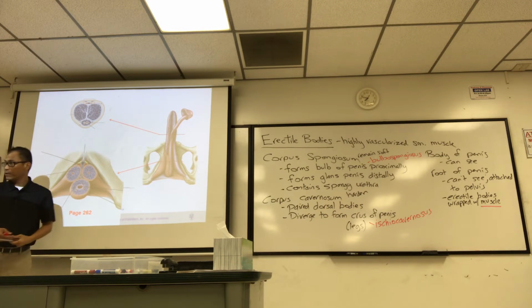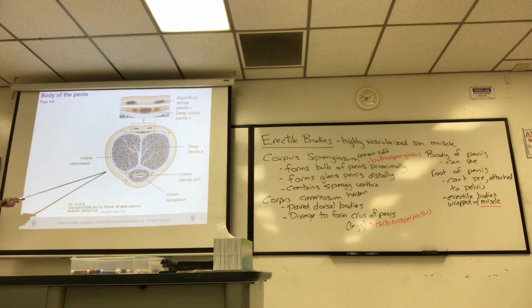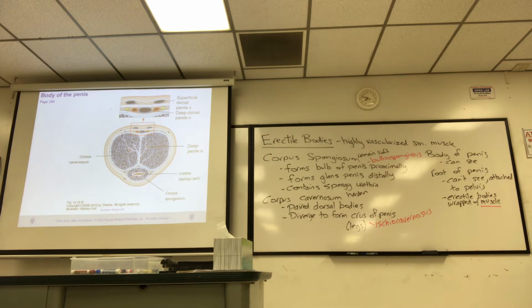The other thing you should notice, okay, once again, see if you're awake this morning. Body or root, this sectional view. Body, because you can't see those muscles wrapping it, and you can't see the pelvis. They call this the monkey face. Paired dorsal bodies, corpus cavernosum.